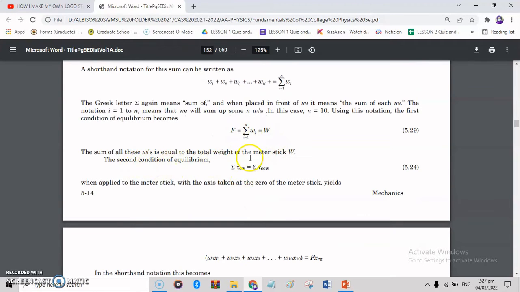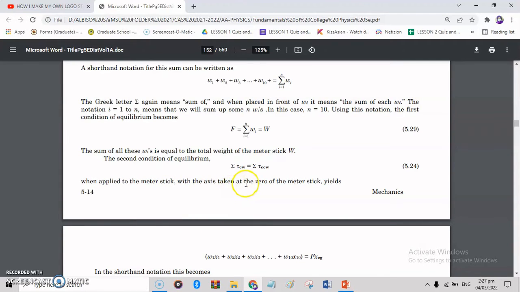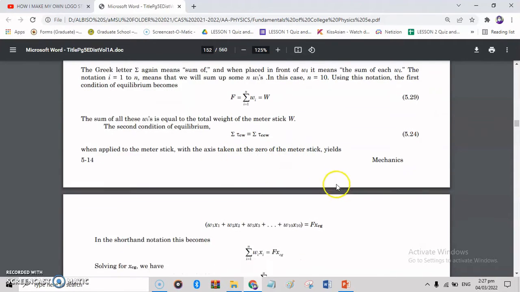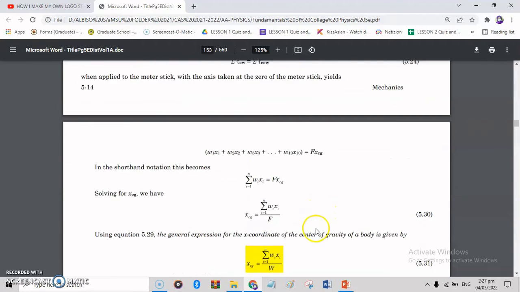Now, the second condition of equilibrium: the summation of all the torques clockwise is equal to the summation of all the torques counterclockwise when applied to the meter stick, and when the axis is taken at the zero of the meter stick, it yields this one.